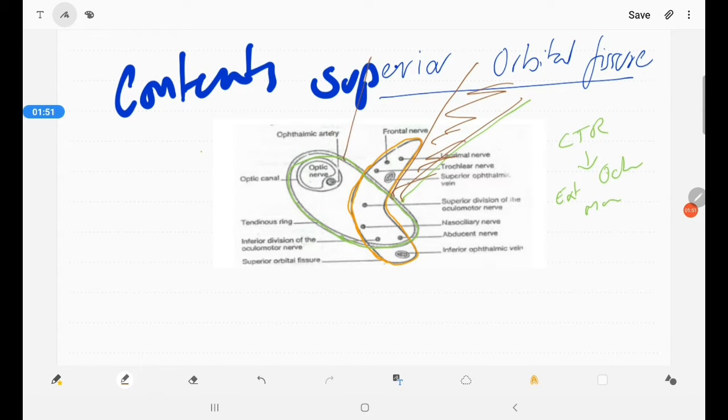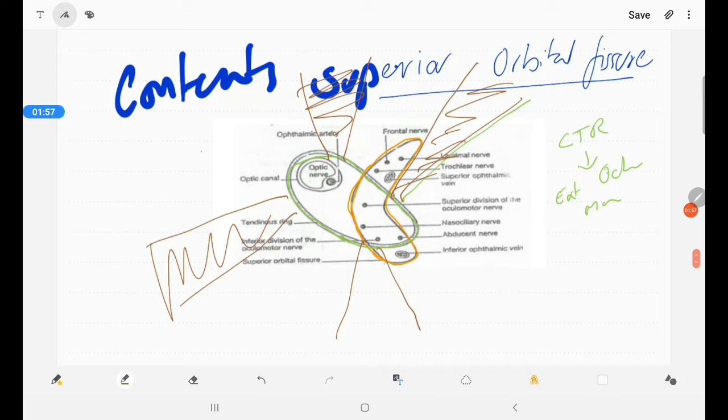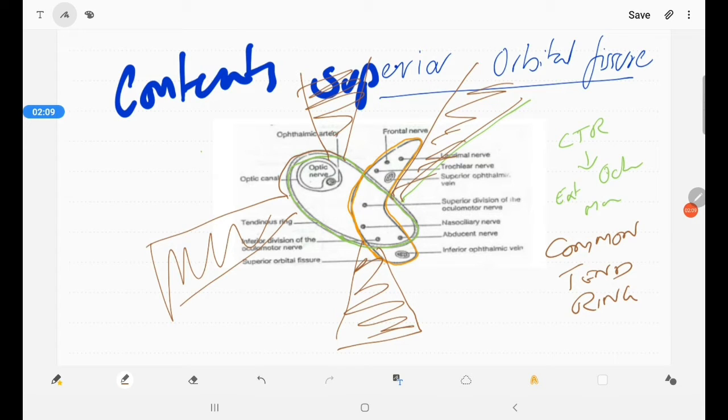This is the medial rectus, this is the superior rectus, this is the lateral rectus, this is the inferior rectus. So that's how these muscles start. They form a common tendinous ring and then move anteriorly and get attached to the eyeball.